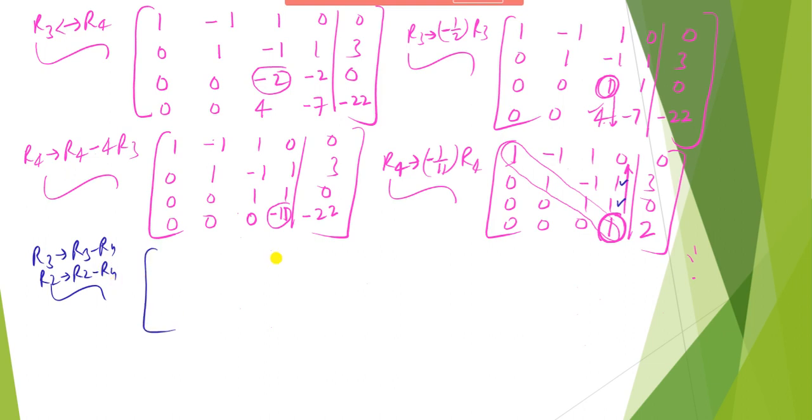So the reduced matrix is of the form: write the fourth row as such, because the change is in the second and third rows. So the fourth row is 0 0 0 1 2.